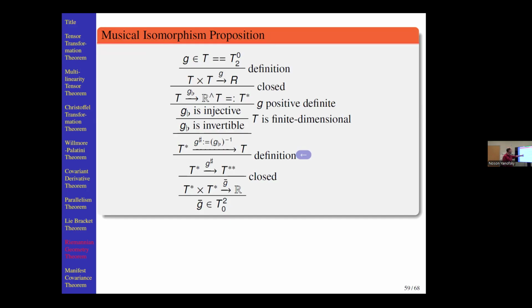Sharp goes from the dual tangent bundle to the tangent bundle, and the flat goes the other way. Here's the flat. The flat comes from the closure of the monoidal category. Not a very hard thing. But it's nice that category theory gives us something that's useful in this elevated mode.